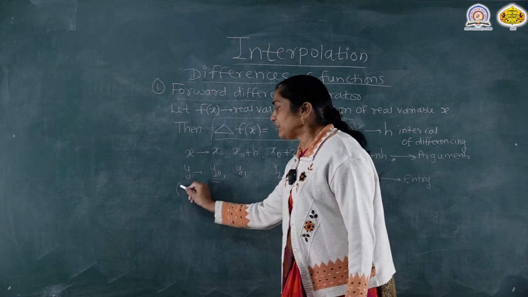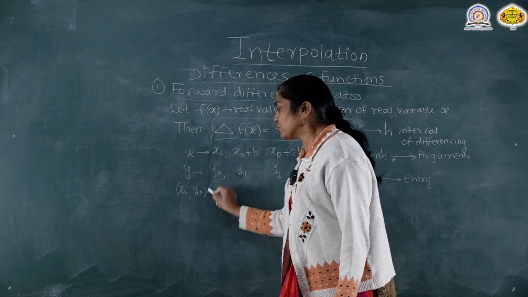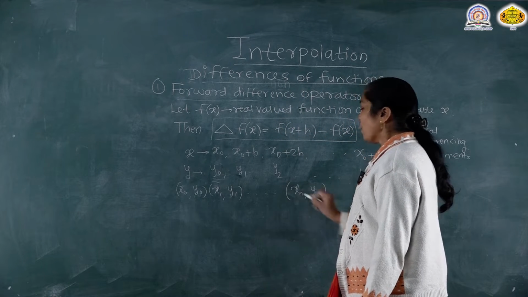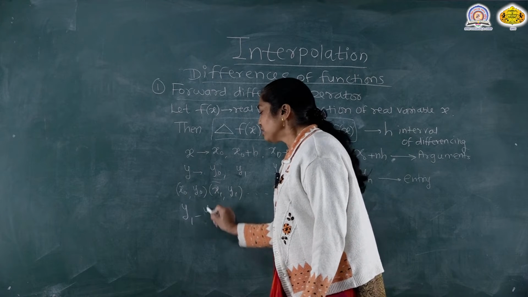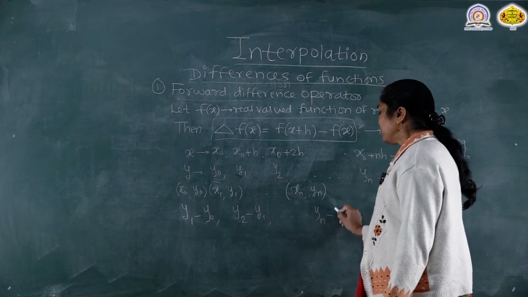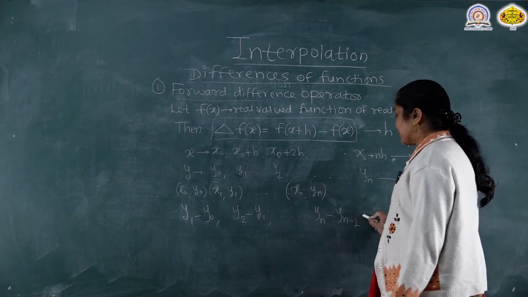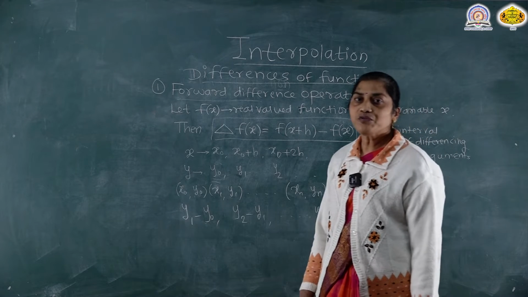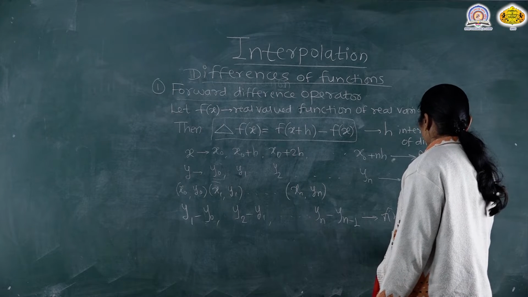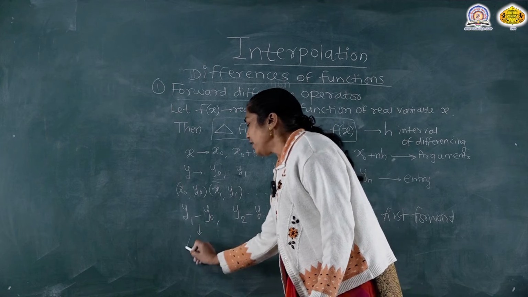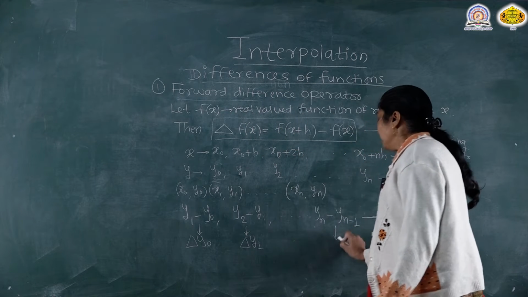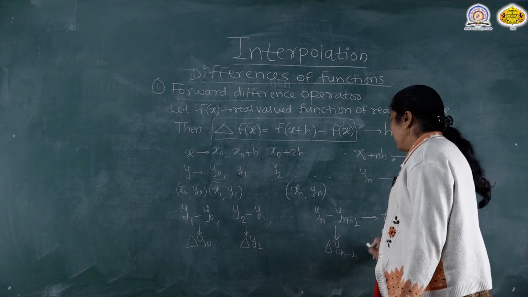If we have given the tabulated values x0, y0, x1, y1 up to xn, yn, then the differences y1 minus y0, y2 minus y1, up to yn minus yn minus 1 are known as first forward differences, and they are denoted by delta y0, delta y1 up to delta yn minus 1 respectively.